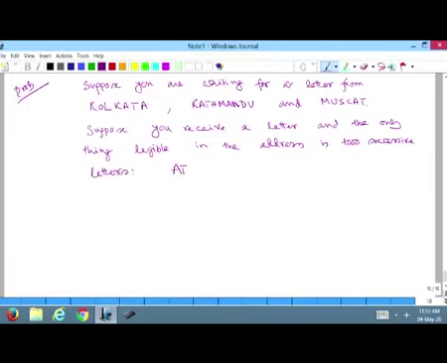Now, AT is there in Kolkata, it is there in Kathmandu, it is there in Muscat as well.